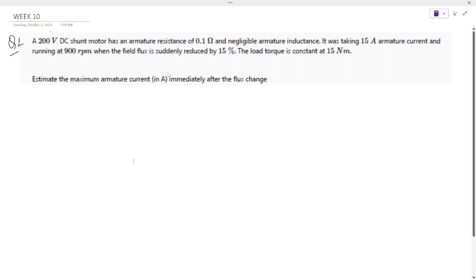So, what they have given in the question is that the supply voltage is 200 volt, and the armature resistance is 0.1 ohm.